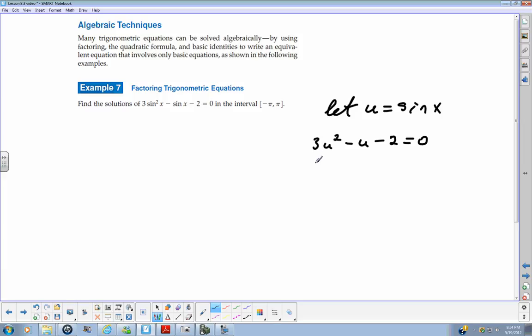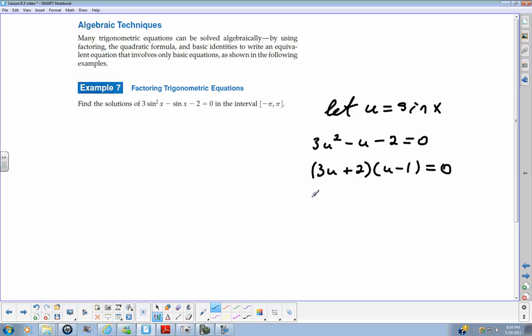This can be factored relatively easily: we have 3u plus 2, and u minus 1 as our factors. If we take 3u times negative 1, we get negative 3u, and 2 times u is 2u, so we end up with negative 3 plus 2 is negative 1.